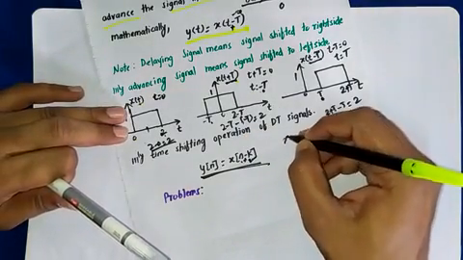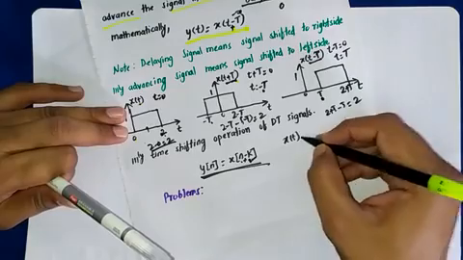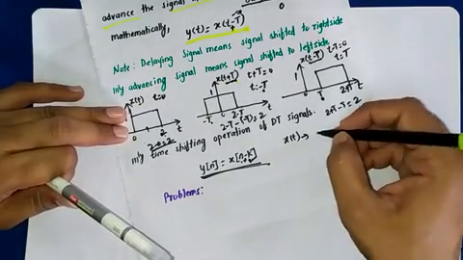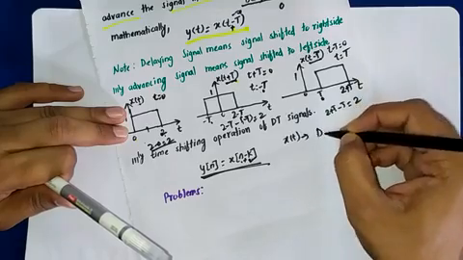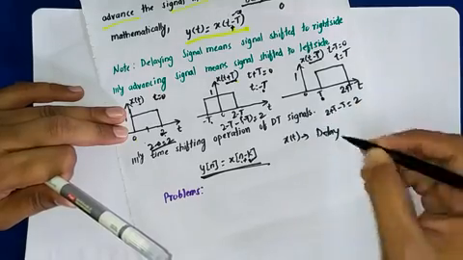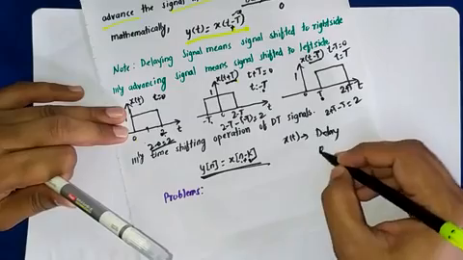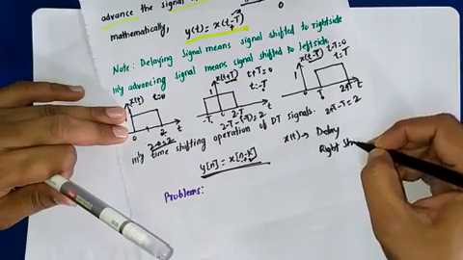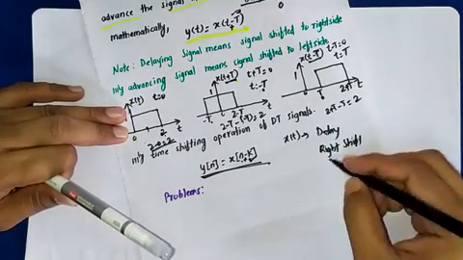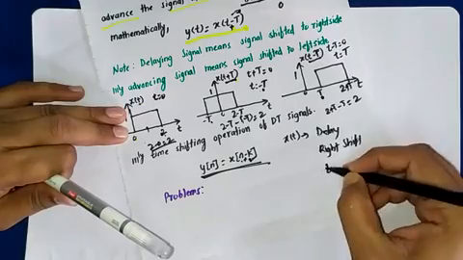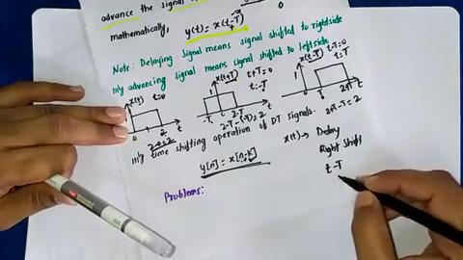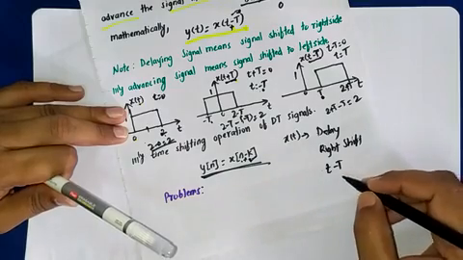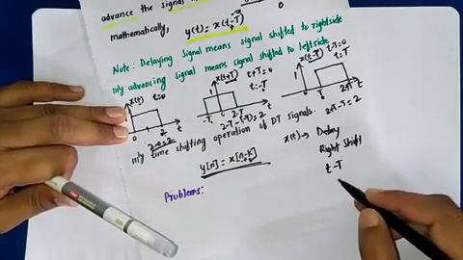If there is a signal x of t, what are the constants? If I am going for delaying, delaying means right shift, and the expression will be something like t minus t. So it will be delaying the signal.